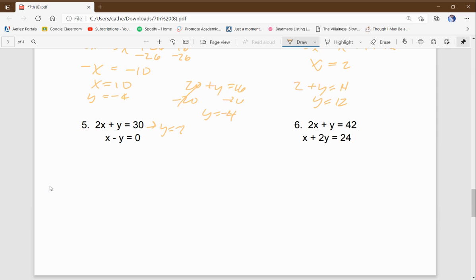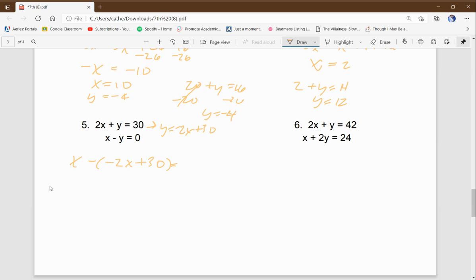Again, y equals negative 2x plus 30. So x minus negative 2x plus 30 equals 30. Equals 0. What am I doing?